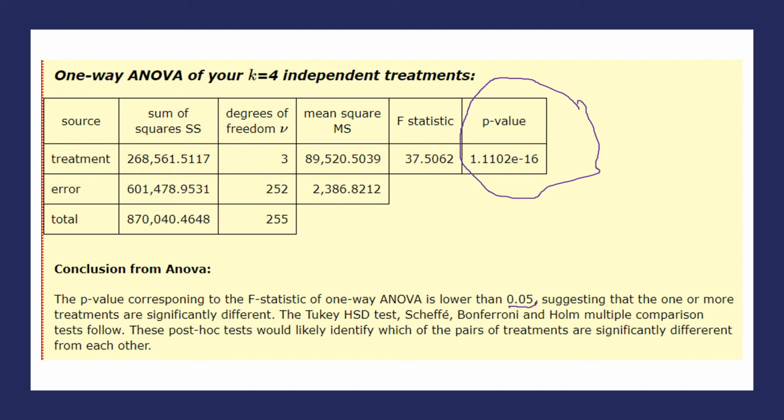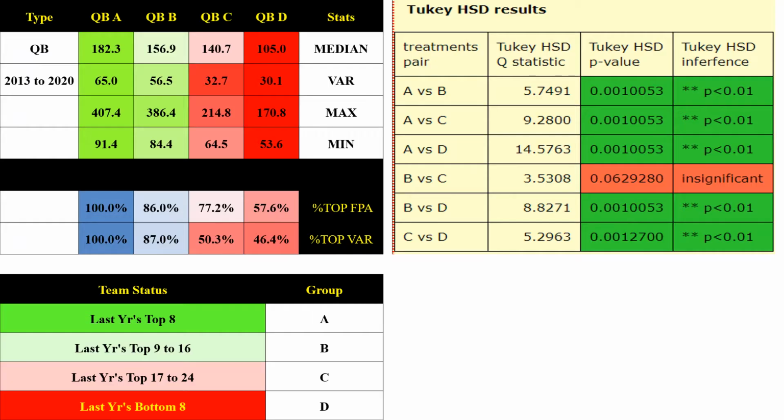That's like 16 zeros or something. That's almost impossible, that what we saw, that there was not a difference there. And so now what are the differences? Let's look at Tukey. The best teams' quarterbacks are better than the above average, below average, and the worst. There you go, right there.